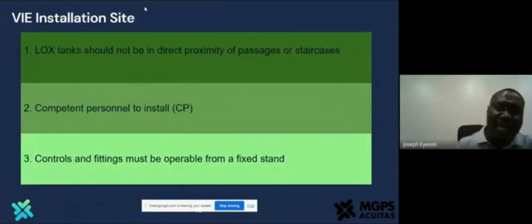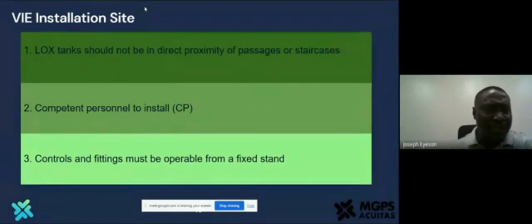Also, when it comes to VIE installation, it shouldn't be in proximity to a staircase, because in case of emergency, people may fall over. So all these things need to be considered. You need to take a critical look, as a biomedical engineer or whoever is in charge, to ensure that these are not hindrances for the installation of the units.